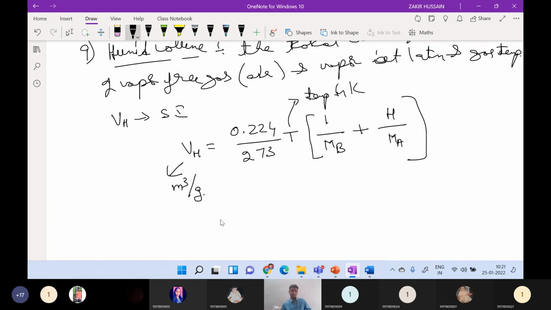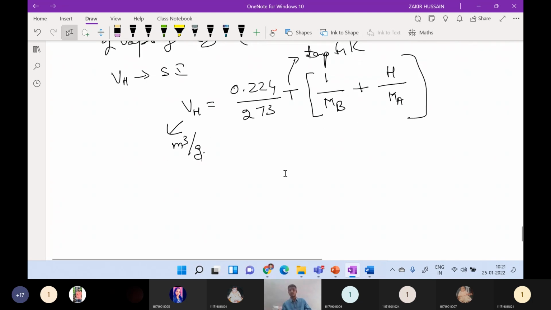In the same SI units, if it is dependent on pressure also, if the total pressure P is not equal to 1, under such conditions we have to use this formula.